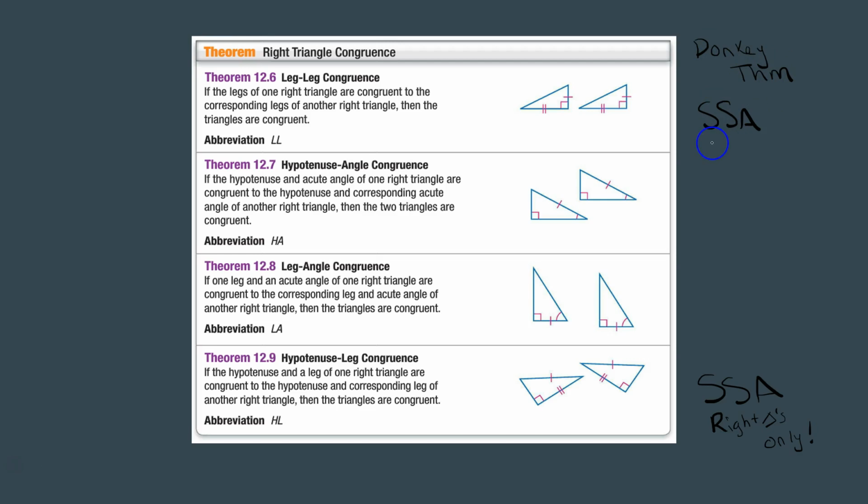The other way that you can also know it is no bad words in math. So this does not work unless you are proving that right triangles are congruent. So just keep that in mind. And that's it.